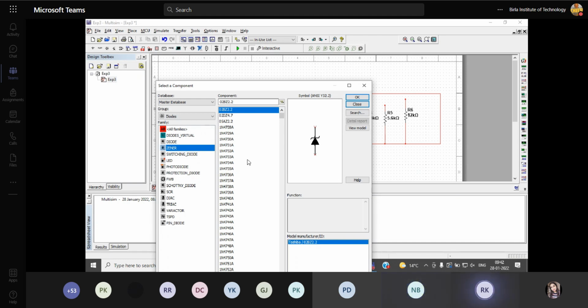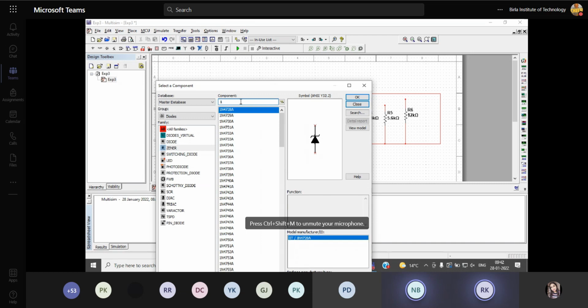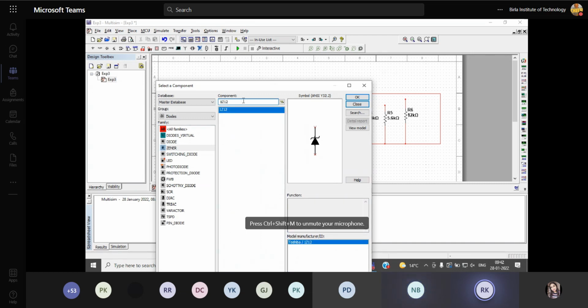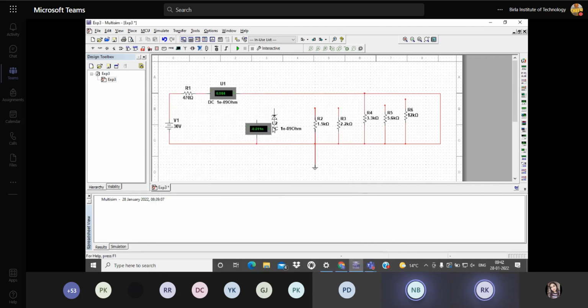Sir, he may choose a 12 volt breakdown Zener diode. He may type 1Z12. Yes, it came, only 12. So the breakdown voltage of this Zener diode is 12 volt. He may choose the source voltage, and when he increases the source voltage beyond 12 volt, it will show the breakdown region.